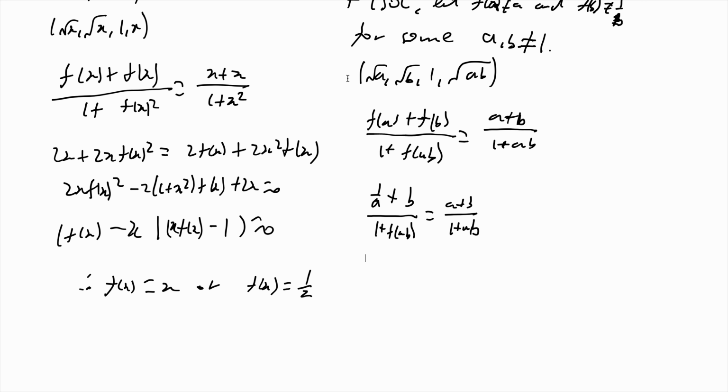Instead of substituting root a, root b, 1, root ab, should we try a different thing because they might not be the one that we should substitute? No, but actually they are correct. Okay. Then let's try this slowly again.